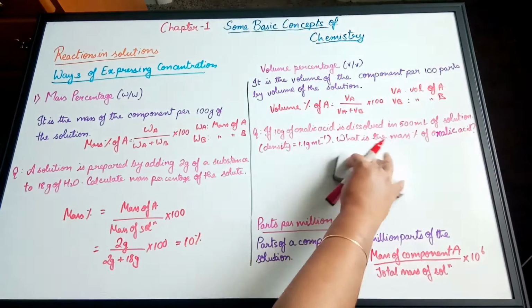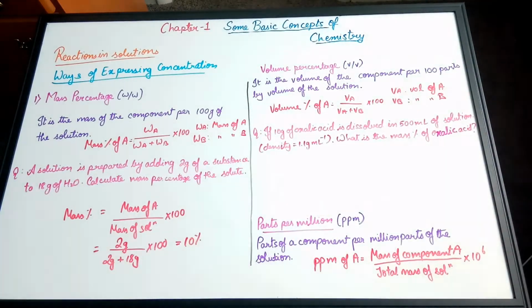So we have a numerical again. If 10 grams of oxalic acid is dissolved in 500 ml of the solution whose density is given, what is the mass percentage of oxalic acid? Here we have 11 grams of oxalic acid dissolved in 500 ml of the solution.